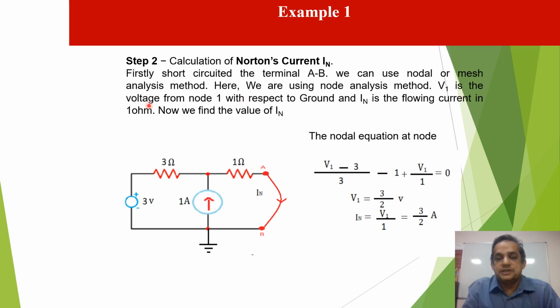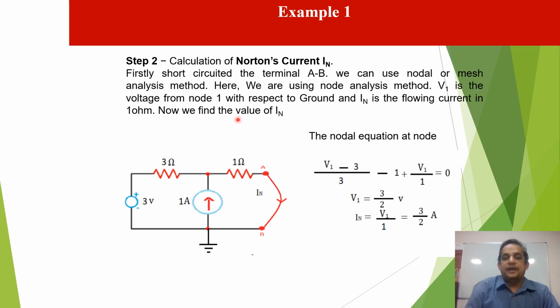Here only 2 nodes are there, node 1 and node 2. In nodal analysis, 1 node is grounded, so we connect it to ground. Here the potential is 0 and the other node is called V1. V1 is the voltage of node 1 with respect to ground, and IN is the current flowing in the 1 ohm resistor.